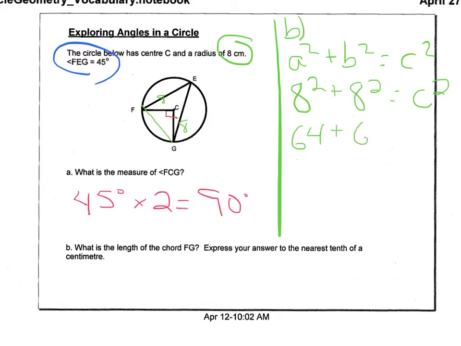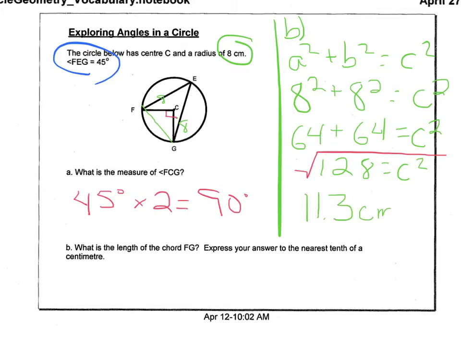Make sure you do exponents first before you add. Adding them together, you get 128 is c squared. To get rid of that squared, square root both sides. And your final answer will be 11.3 centimeters, the length of the chord from F to G.